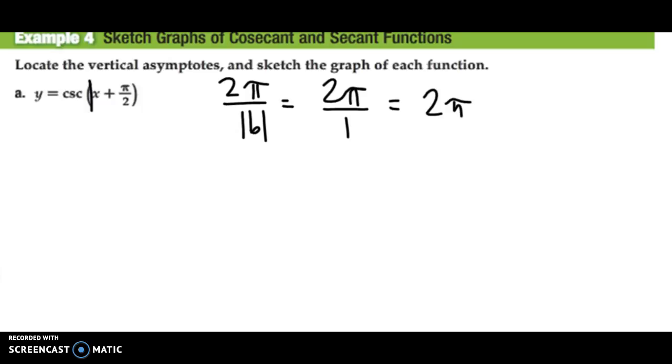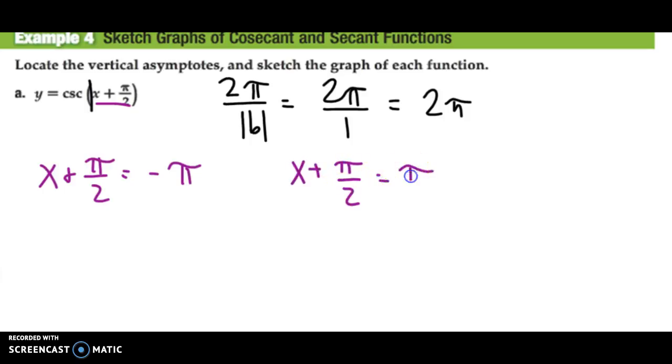So now what I'm going to need to do is find my vertical asymptotes. So what I do is I'm going to set this value right here, x plus pi over 2, equal to negative pi, and I'm going to set it equal to positive pi. Okay, so now I just have to solve these problems.